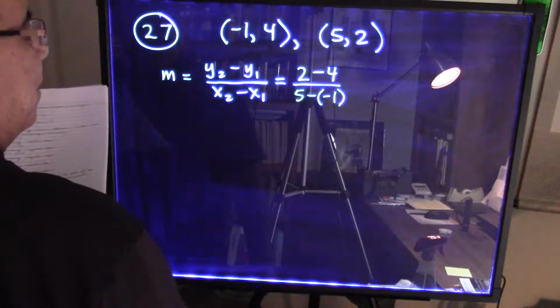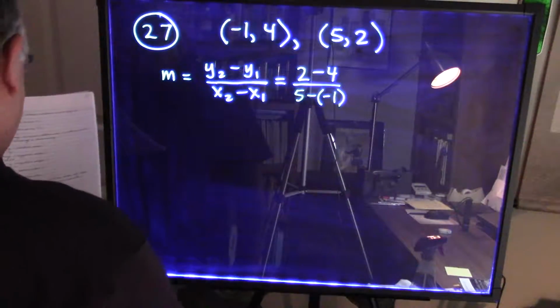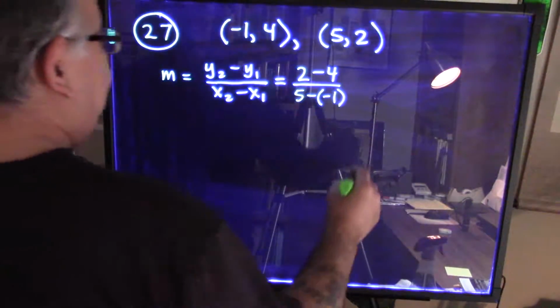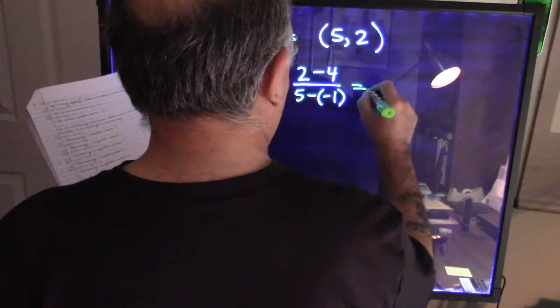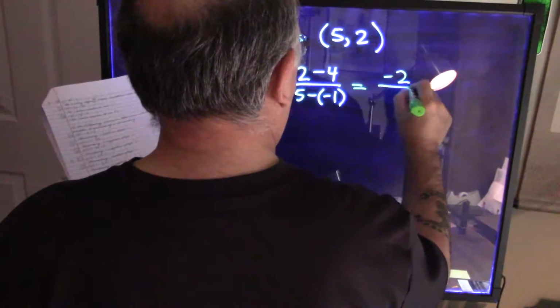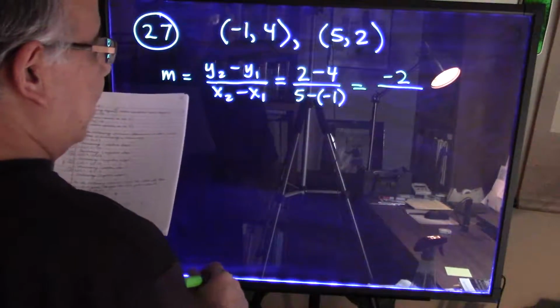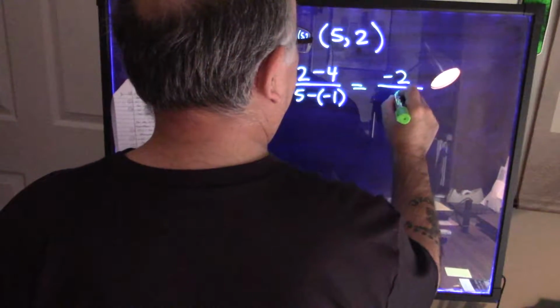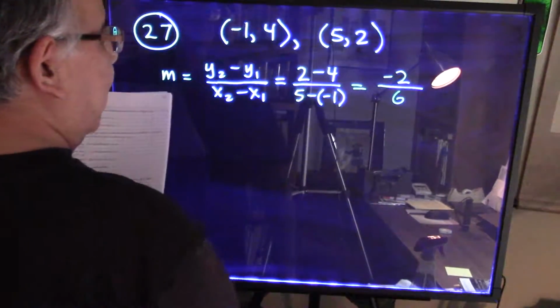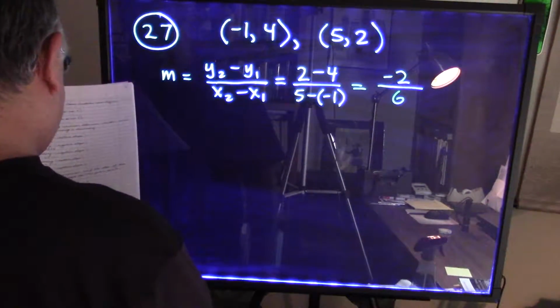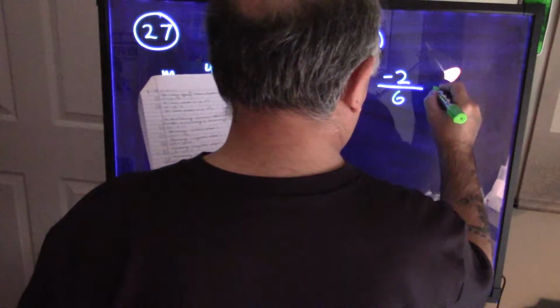We've got to keep things organized here. So 2 minus 4 is negative 2, and 5 minus a negative 1 is equal to 5 plus 1, which is 6. Alright? And that's equal to negative 1/3 reduced.